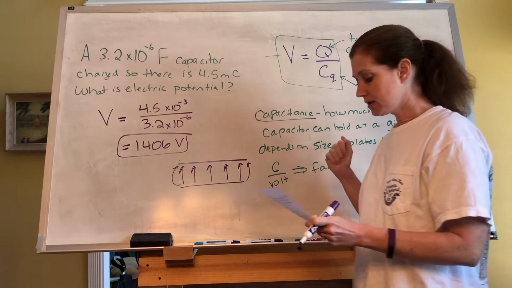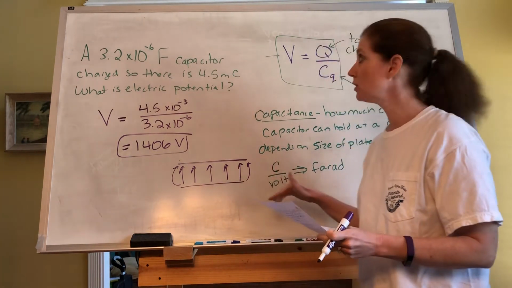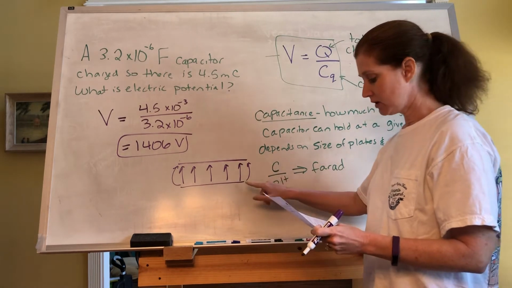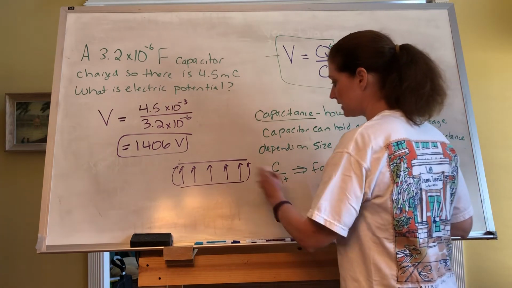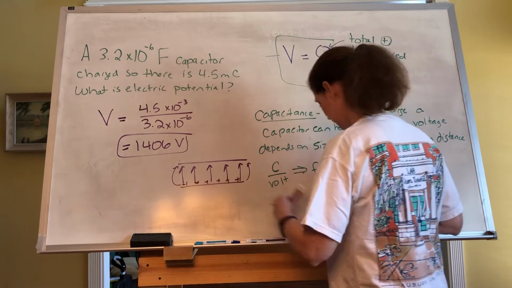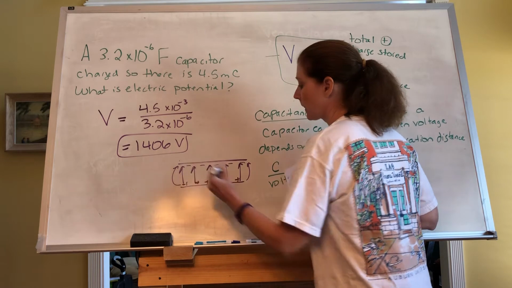All right, so if a capacitor has an electric potential of 10 volts, then the potential difference between the positive plate and the negative plate is 10 volts. So there's our positive plate, and our negative plate.